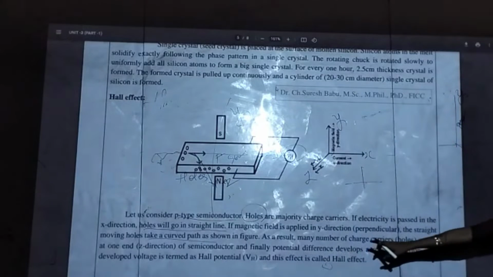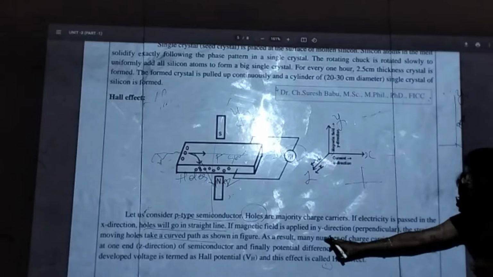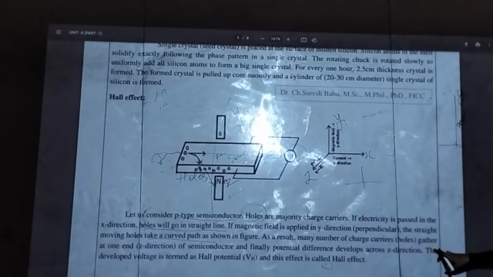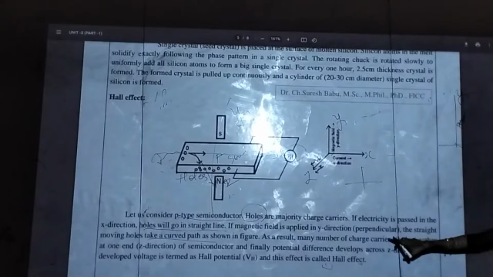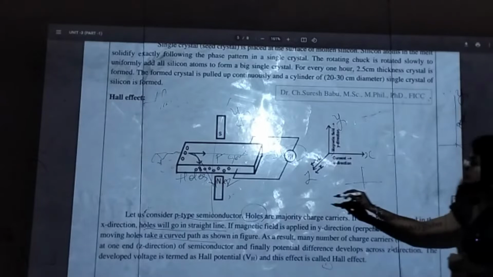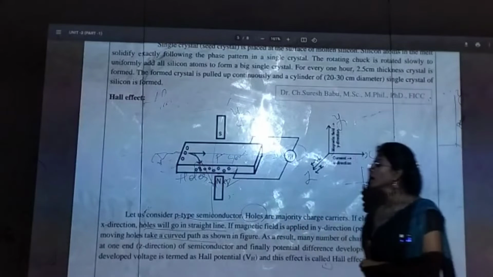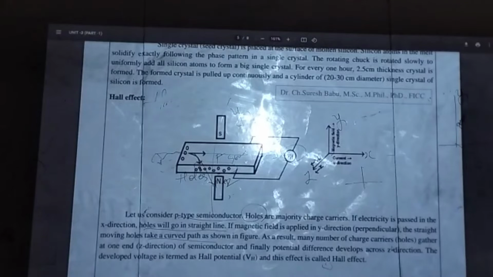As a result, many of the charge carriers, the holes, gather at one end of the semiconductor, that is Z, and finally a potential difference develops across the Z direction.